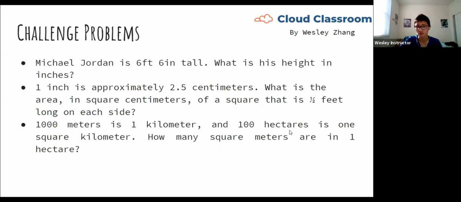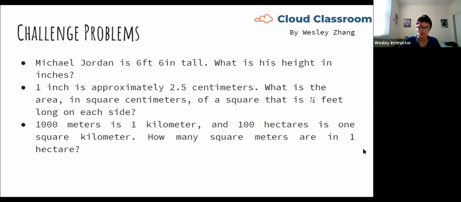We use the conversion factor like we did in the last problem. But since it's squared, we gotta multiply by the conversion factor twice to get the inches squared. So we get 36 inches squared times 2.5 centimeters over 1 inch times 2.5 centimeters over 1 inch. So that's simple. We can cross out the inches squared.